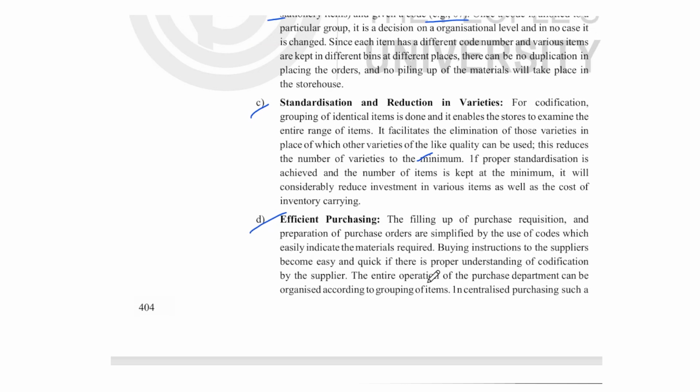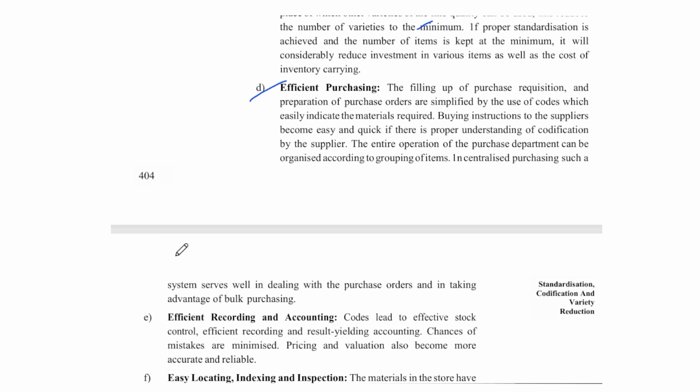And efficient purchasing: the filling up of purchase requisitions and preparation of purchase orders are simplified by the use of codes which easily indicate the material required. Buying instructions to the suppliers become easy and quick if there is proper understanding of codification by the suppliers, and the entire operation of the purchase department can be organized according to grouping of items.